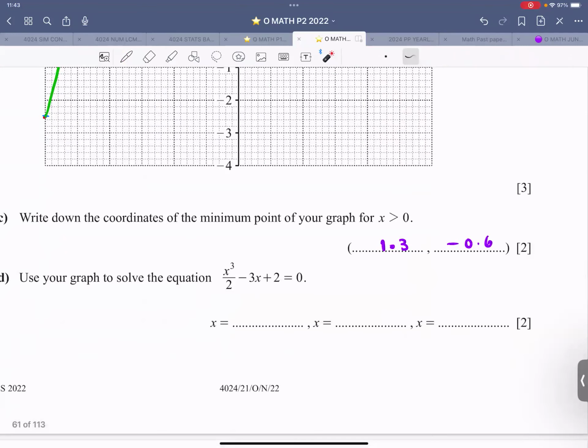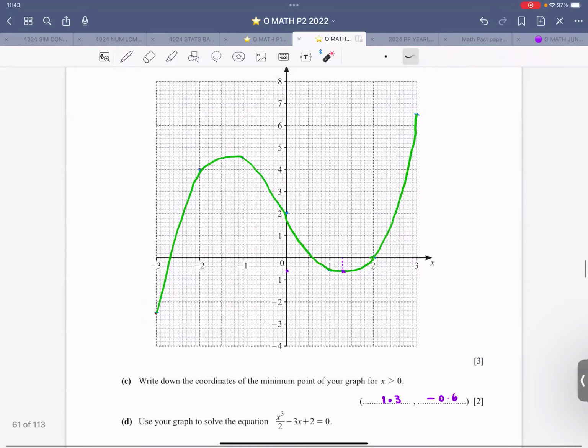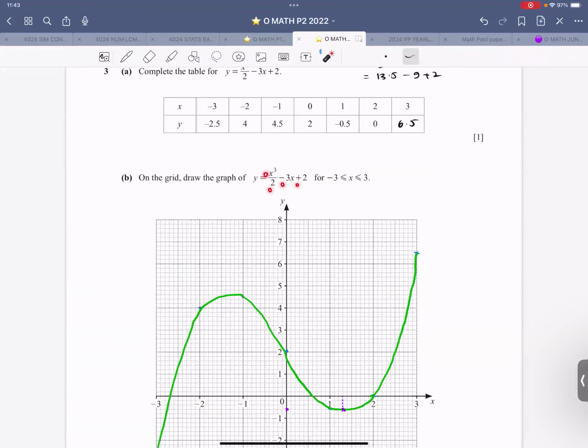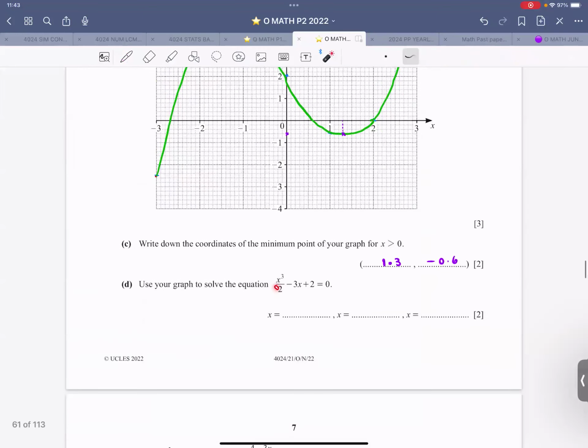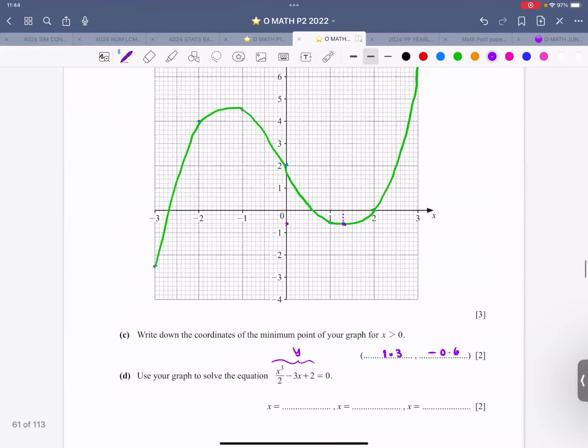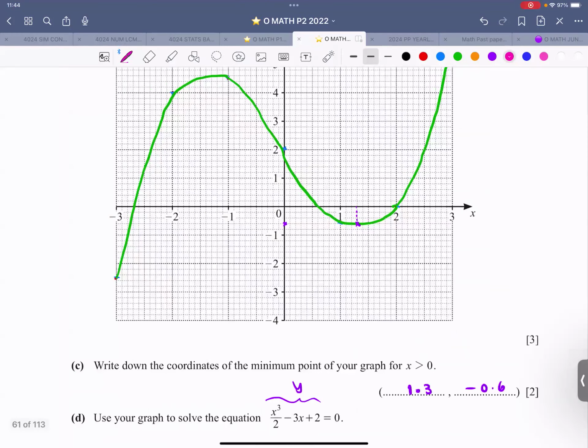Then it says, use your graph to solve this equation. What is the equation? X cubed over 2 minus 3x plus 2. That means this thing is already y. Y equals 0. Therefore, it's asking for the x-intercept, which is this, and this.